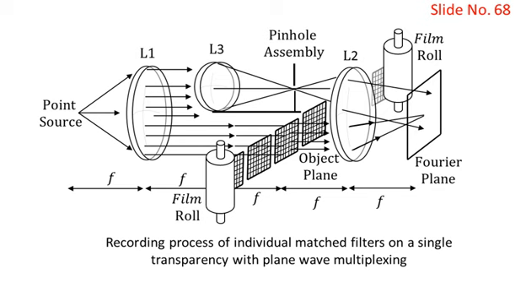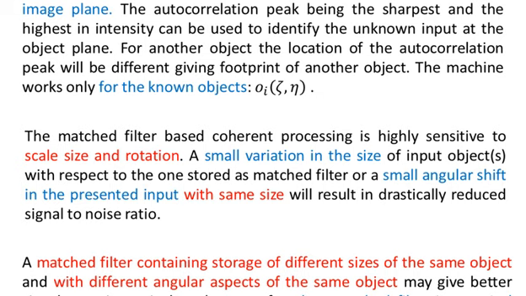So this is what we mean by known objects: the objects for which we have stored the matched filter. Those objects will be referred to as the known objects.